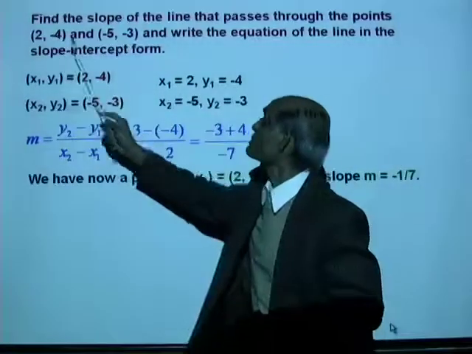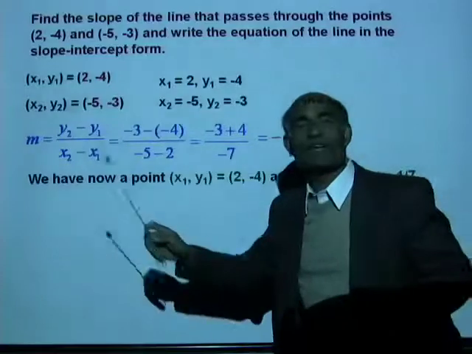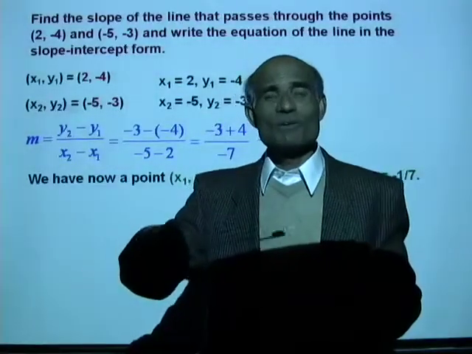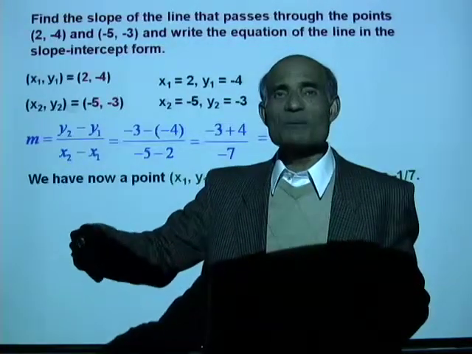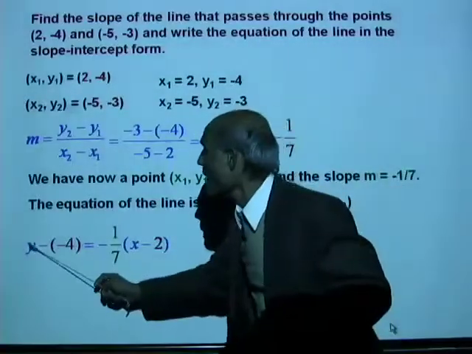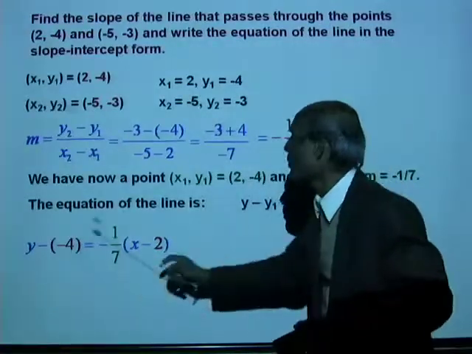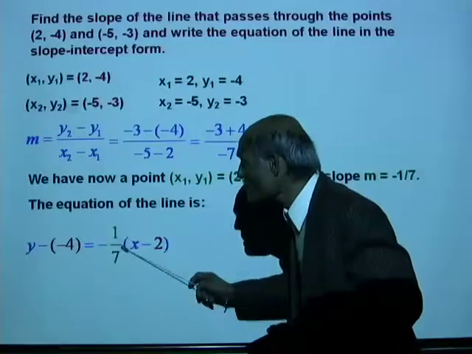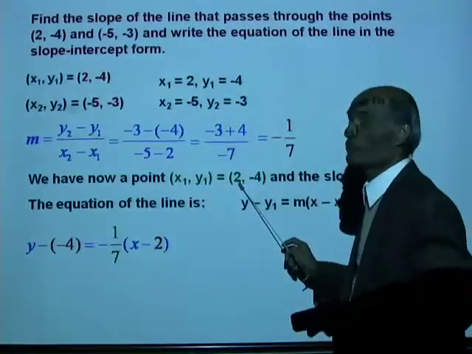And we can use that point 2, -4 and put them all in the equation. What's the equation in the slope-intercept form? y minus y1 equal to m times x minus x1. Right? So y minus y1, y1 is -4. y minus -4 is -1 over 7, m, times x minus x1. x1 is 2.